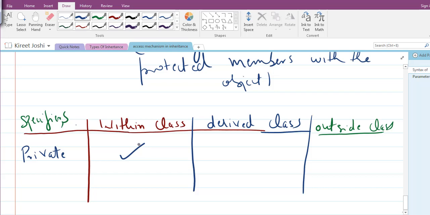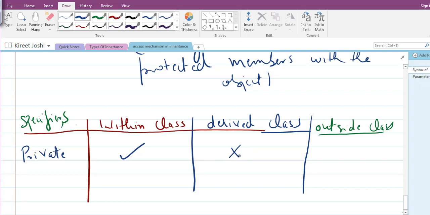The private specifier cannot be accessed in the derived class. If a derived class wants to access the private members of the base class, they are not accessible.